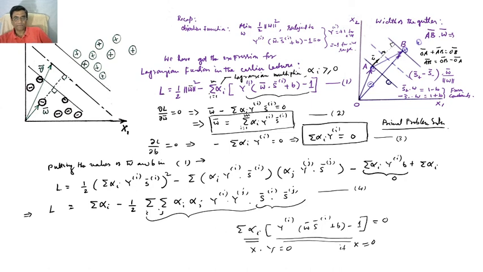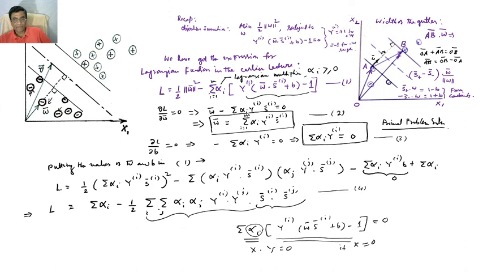If this is 0, then this cannot be 0, meaning the samples cannot be on the boundary. So where could the samples be? Samples could be anywhere. This is one good thing. Only the samples which are on the gutter, for them only this alpha will be non-zero. Please try to understand again.